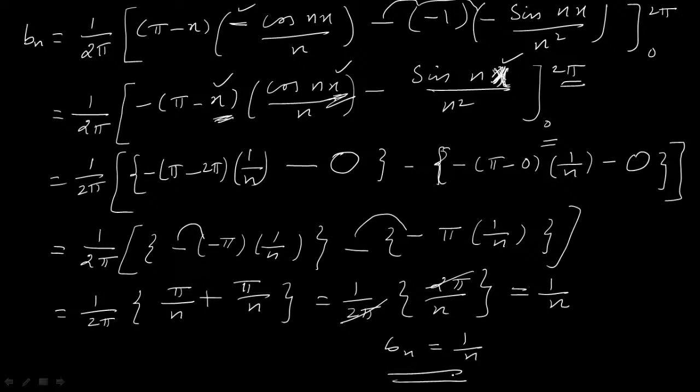Okay. Now let me substitute the values of a0, an and bn in f of x. So this is equal to, your a0 value we have arrived as a0 is equal to 0, and an is also equal to 0, and bn, that is what just now we have calculated, that is 1 by n.